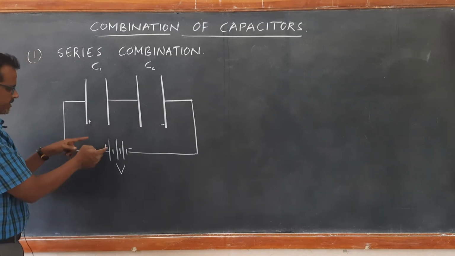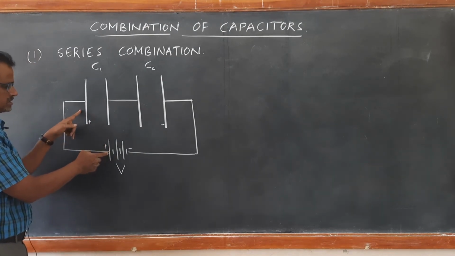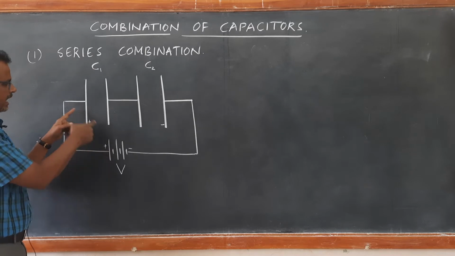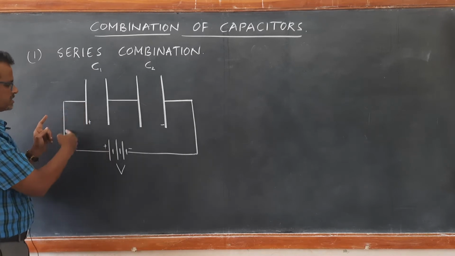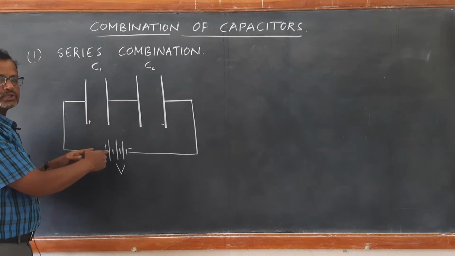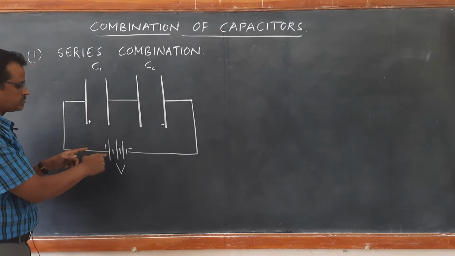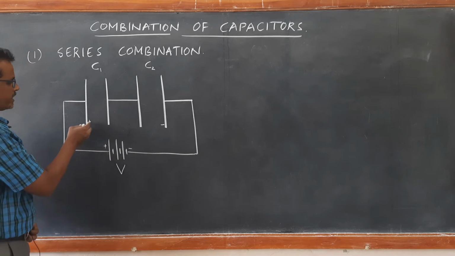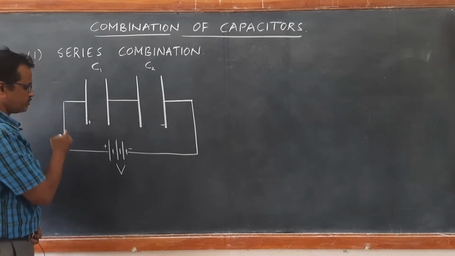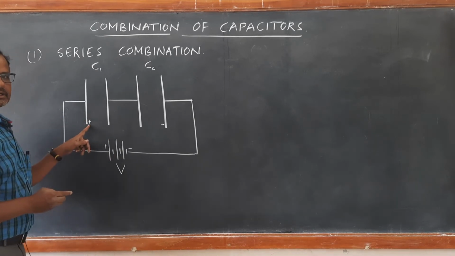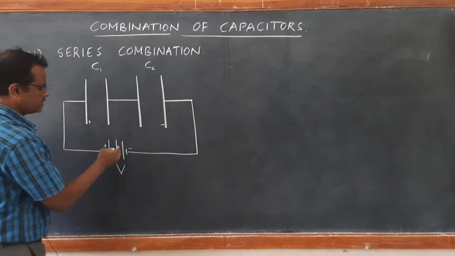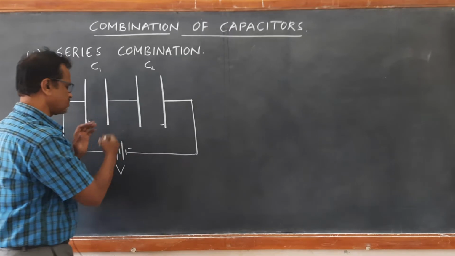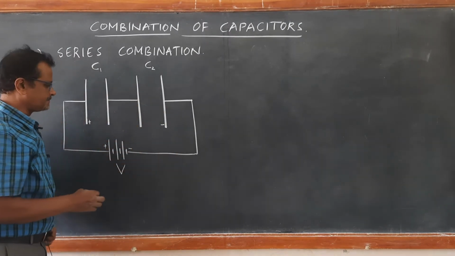Since the positive potential attracts the electrons, being negatively charged, the electrons are attracted towards the positively charged plate, that is the positive potential of the battery. So when one electron is pulled, it leaves one positive charge. When one electron is pulled here, that electron is supplied here. That's how the circuit is completed.